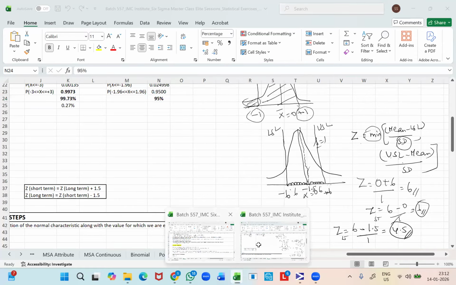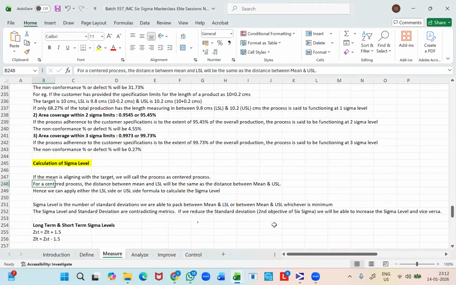So that is what is written here. If you reduce the standard deviation value, which is the second objective of Six Sigma, we will be able to increase the sigma level and vice versa. Vice versa means if we happen to see the standard deviation increasing, then it would result in a reduction in the sigma level. So the other logic also will hold good.